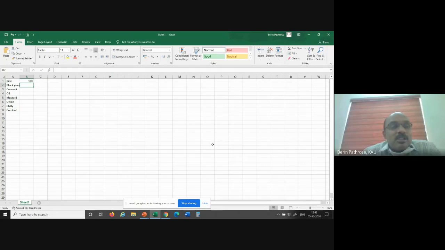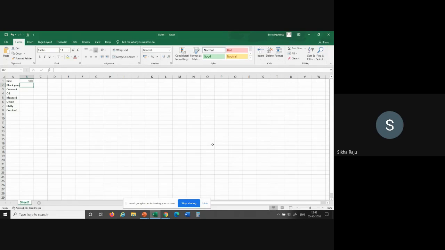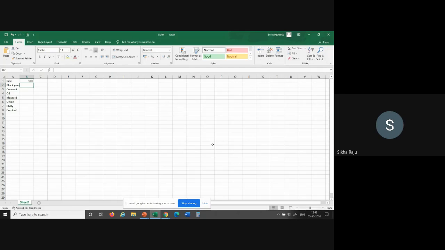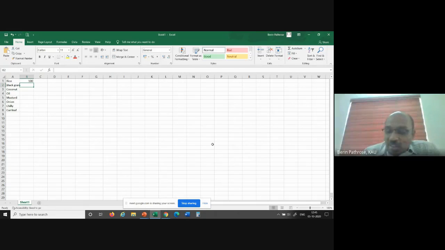What is the proportion of rice and black gram in dosha? 1:1? 2:1. Rice is 2, so then it will be 50. Okay. So for every 100 gram of rice, you might have taken 50 gram of black gram.